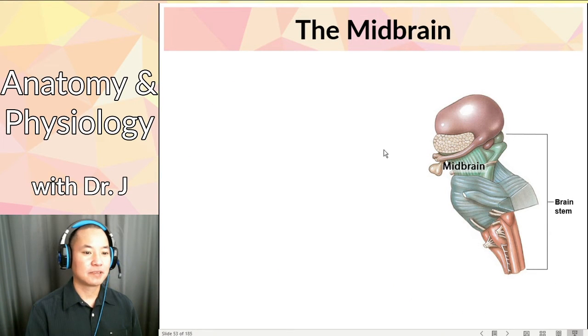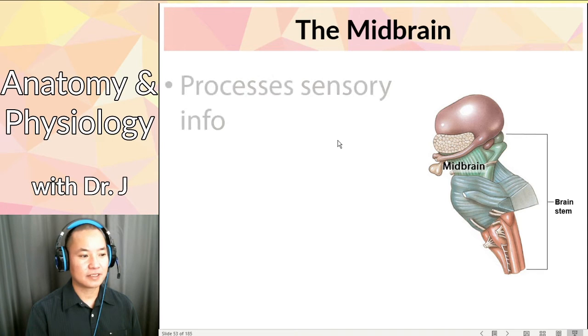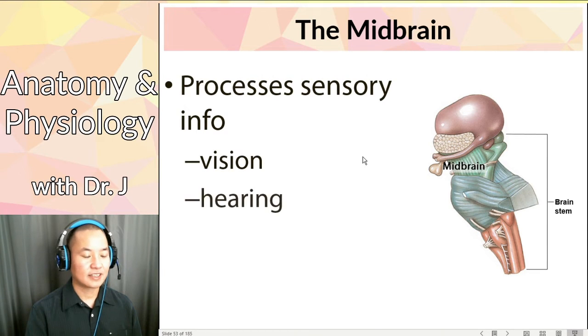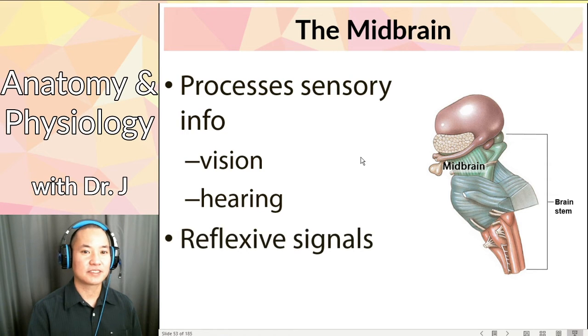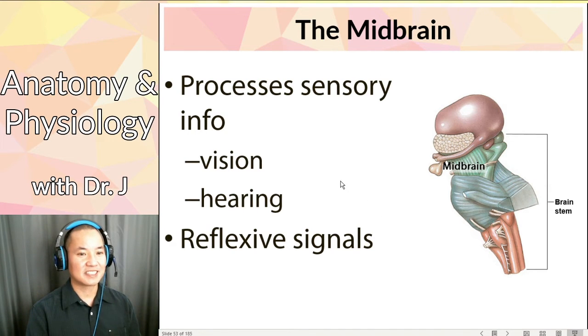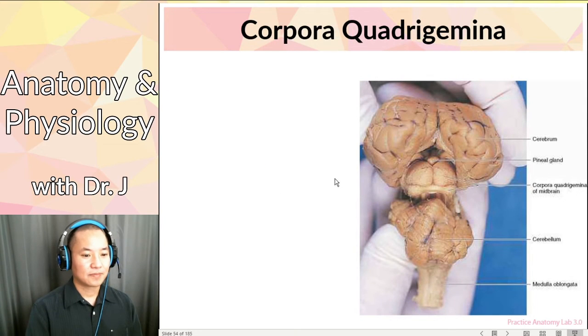So here we have the midbrain, which processes sensory info like vision and hearing. And what else does it do? It also controls reflexes, or not all reflexes, but it's very important in certain types of reflexive signals. We did cover reflexes a few lectures ago, and it's very interesting. So this is part of the midbrain, and this is not a human brain. It's way too tiny to be a human brain.